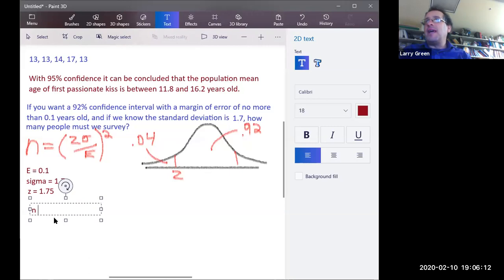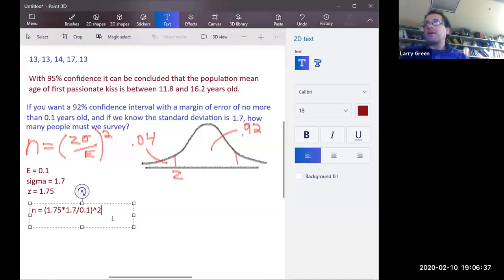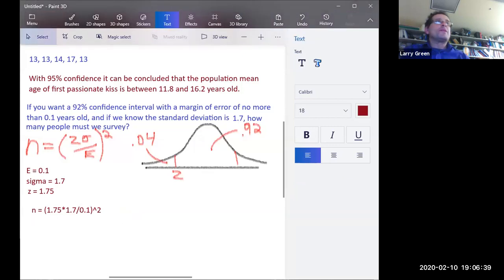So we can say N is equal to the 1.75 times sigma, which was 1.7, and then divided by E, which is 0.1. And we're going to square that number. Okay, and that's basic calculator work.